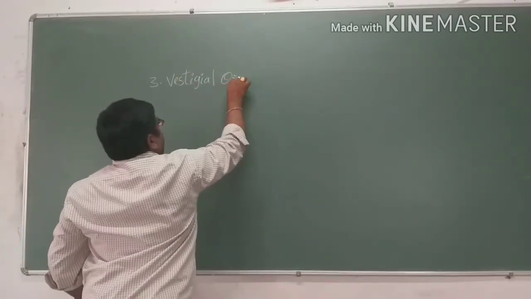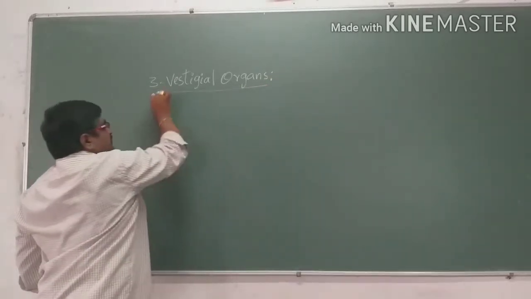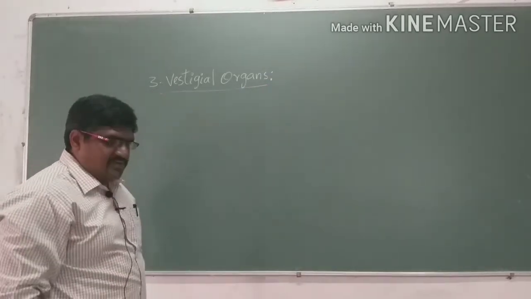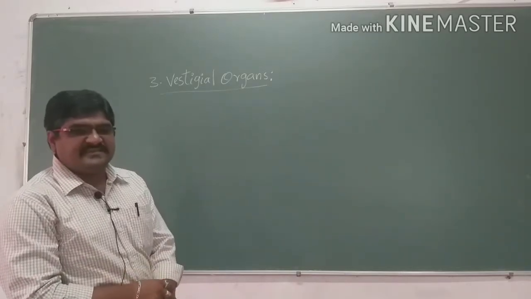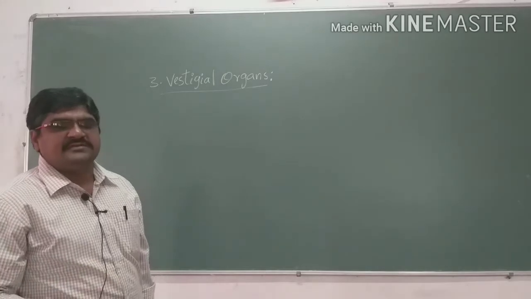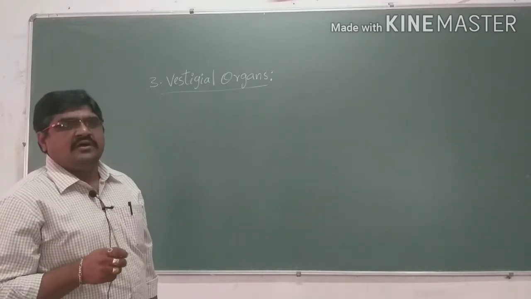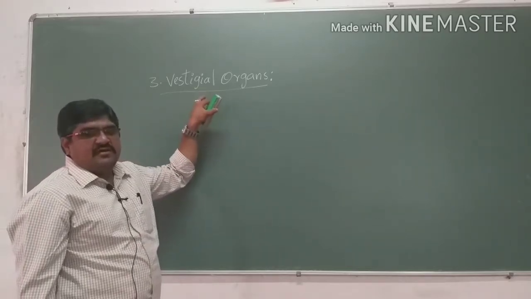So, what are the vestigial organs? These are the organs which, in some organisms, are functionless, and in some other organisms are functioning organs. Such kinds of organs we can call vestigial organs.